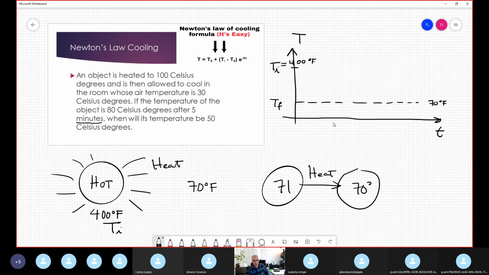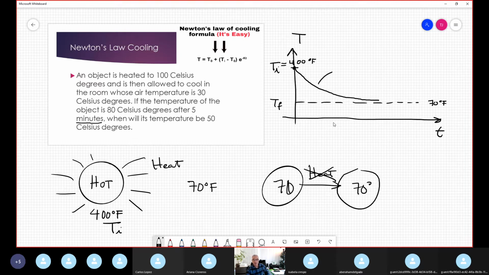It is low because the difference of temperature is small, and at 70, it stops, no more heat transfer. Then the final temperature is 70. And the process is non-linear, it's exponential, because in the same measure that the temperature decreases, there is less heat transfer. So it never finishes. It's exponential.